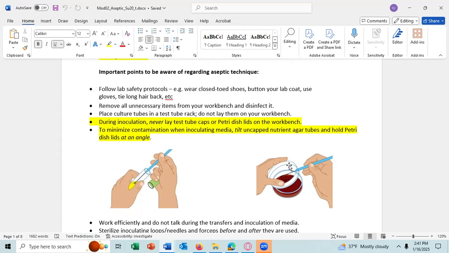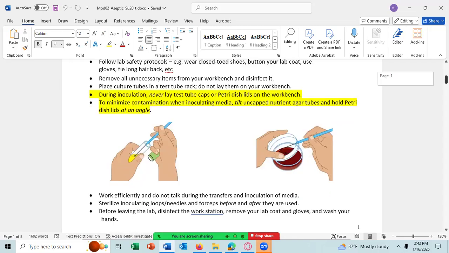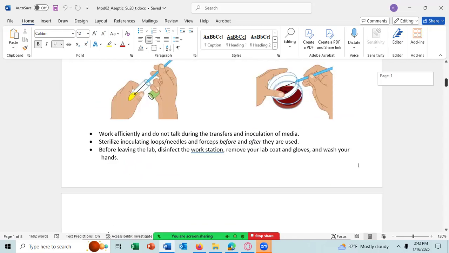Take the loop out as quickly as you can, and cover the plate as quickly as you can, so that the plate or the tube has minimal time for bacteria to fall down from the air and contaminate it. Any question about any of that?